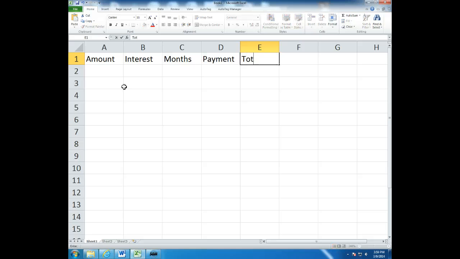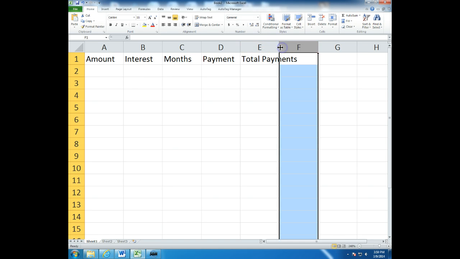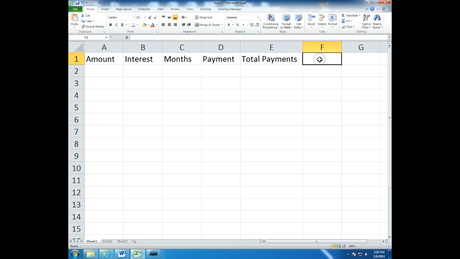I'm going to calculate my total payments, and I'll just double click in here between E and F, and I'm going to calculate the total interest that I'm going to actually pay, not my interest rate, but the actual interest that I've paid for my loan.